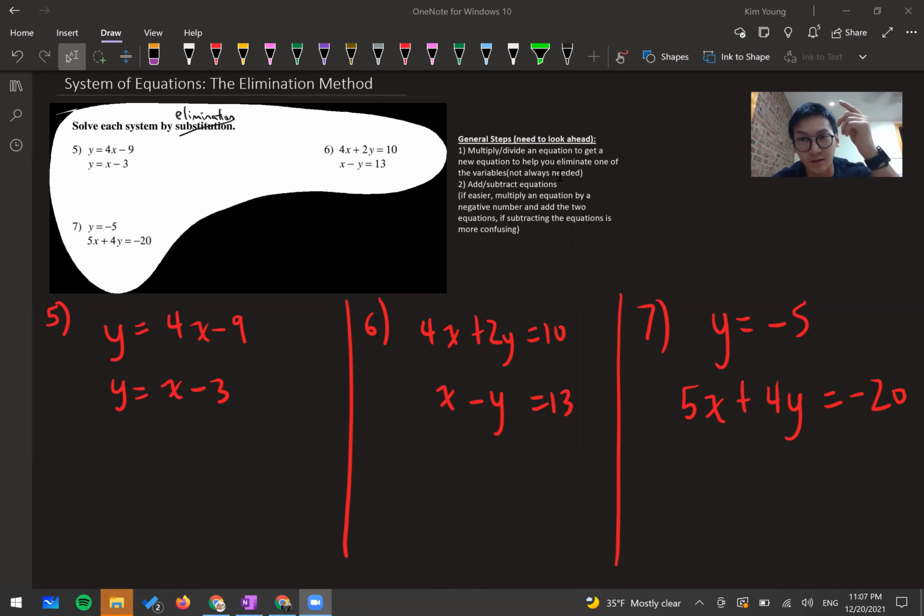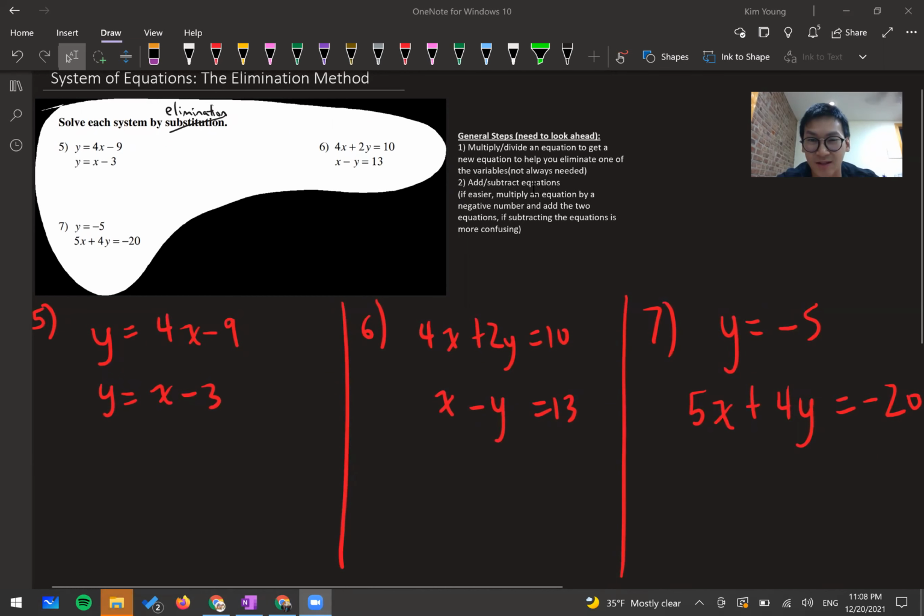After you get that, you substitute that back into one of the equations and solve for the other variable. Then step two, like I mentioned, add or subtract equations. This thing in parentheses, if it's easier: if you subtract an equation, you have to be very careful, because technically you have to distribute the negative to everybody and then combine like terms.